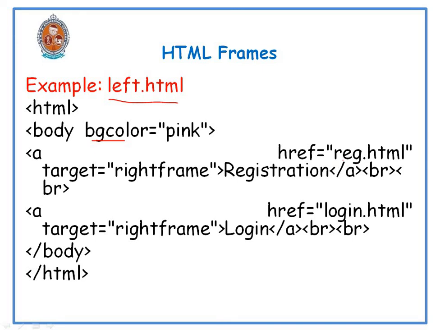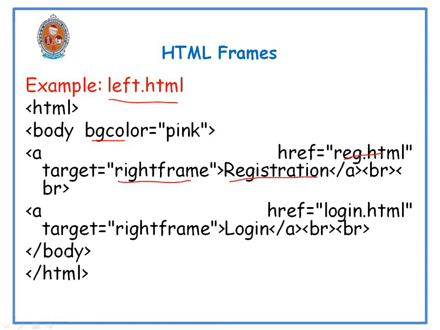a href equals register.html, and target equals right frame. That means whenever we click on the linked text registration, by default it is opened on the right frame, that is the second frame. The target is right frame, so the linked document register.html is opened on the right frame.